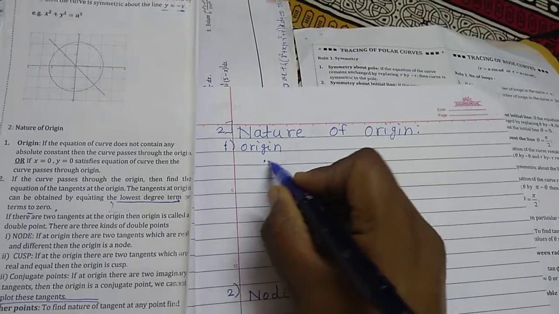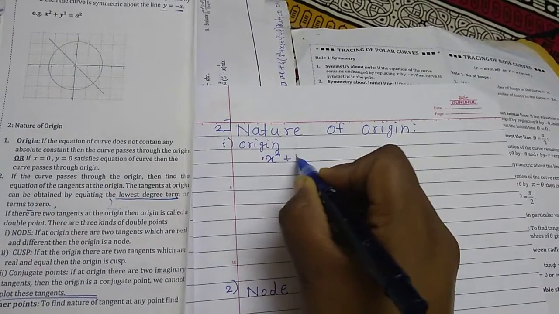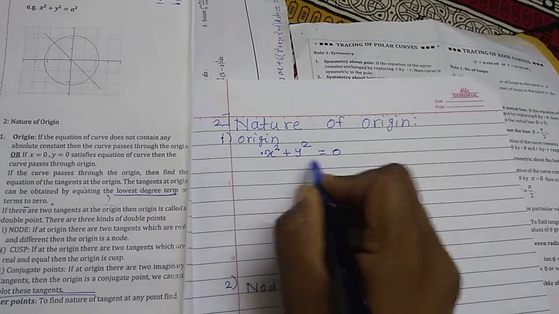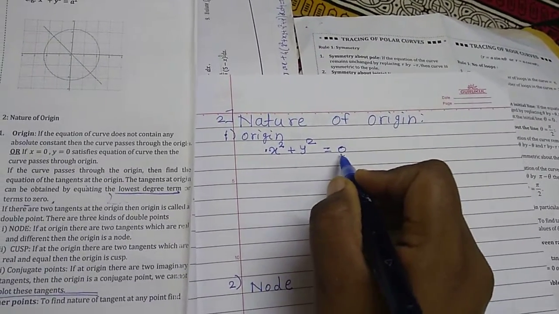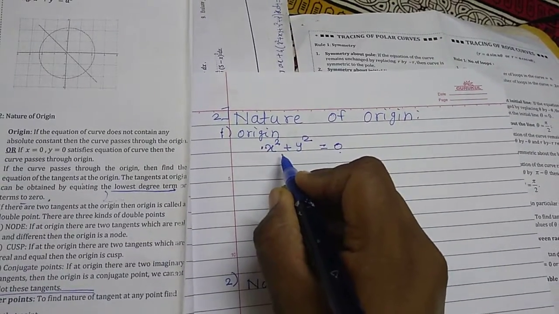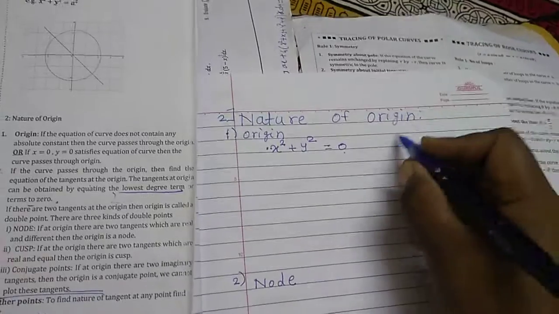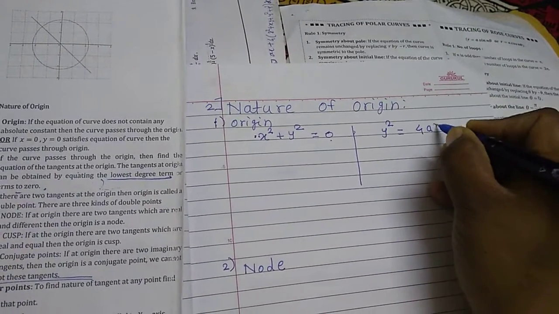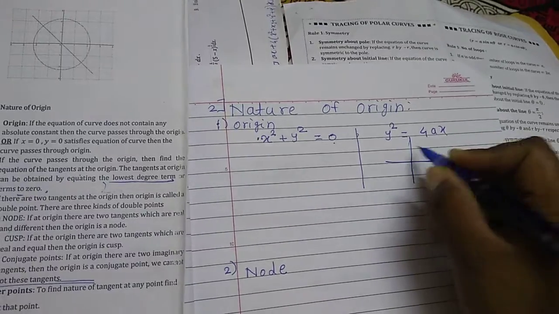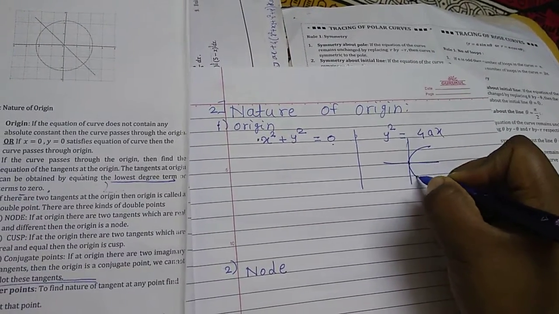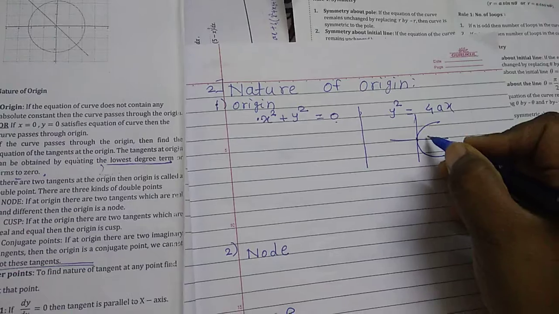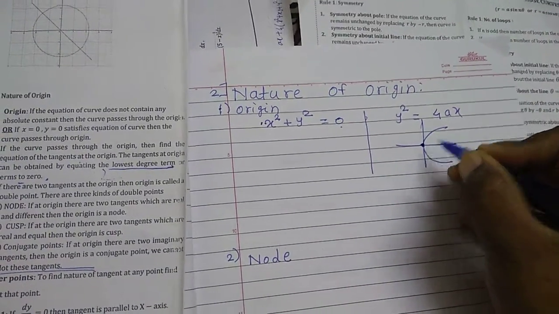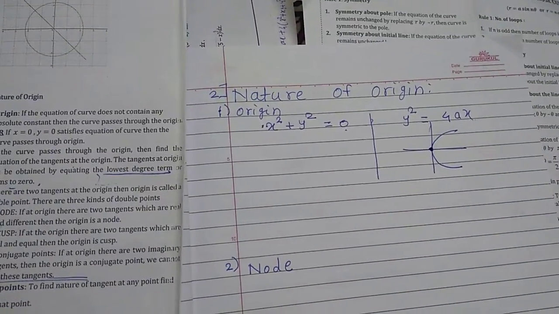That is, if the equation doesn't have any absolute constant, for example x square plus y square equals to 0, then the curve passes through origin. For example, y square equals to 4ax. This curve passes through origin. Parabola symmetric about x-axis passes through origin.